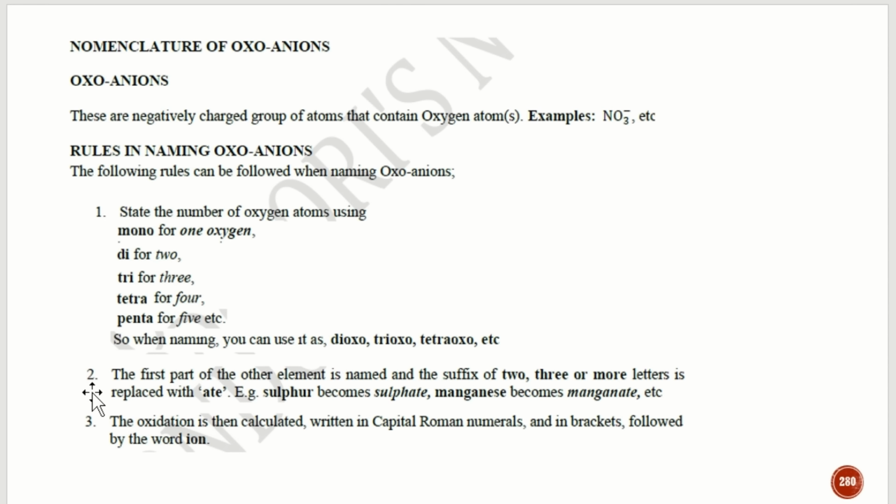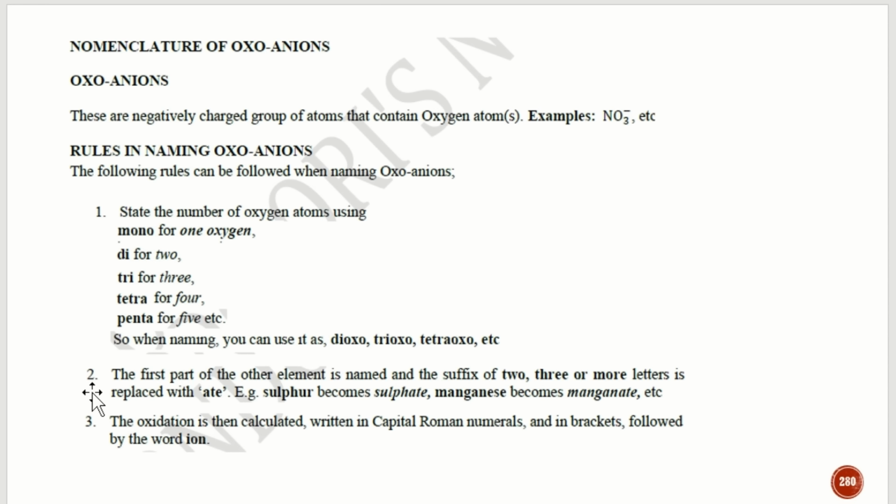Let's go to the next one, which is oxo-anions. We said when we talk about an oxo-anion, they are basically negatively charged groups of atoms that contain oxygen. So a negatively charged group of atoms that contains oxygen is called an oxo-anion. How do we name oxo-anions?